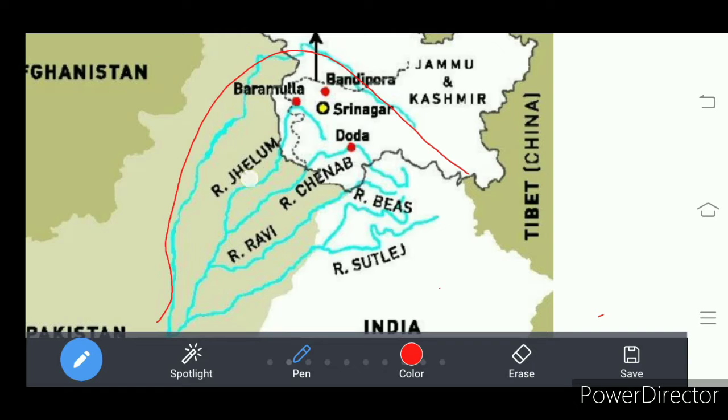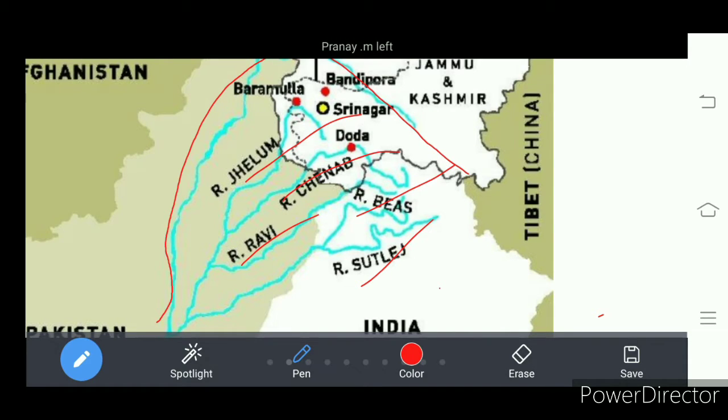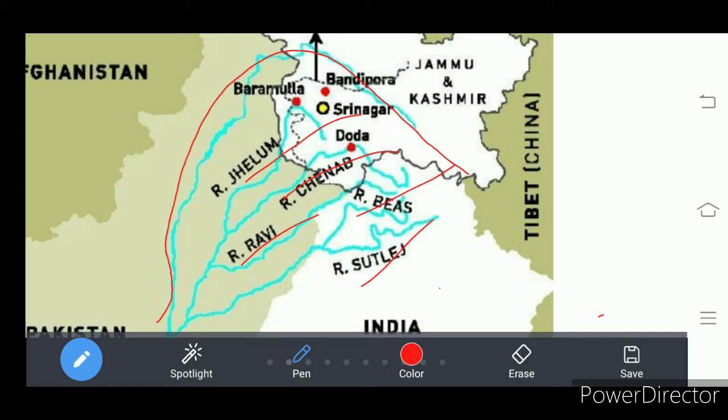And its tributaries Jhelum, Chenab, Ravi, Bias, Satluj also flow through Jammu Kashmir, Punjab and Himachal Pradesh. So Indus contributed to much of Pakistan, a little in India.